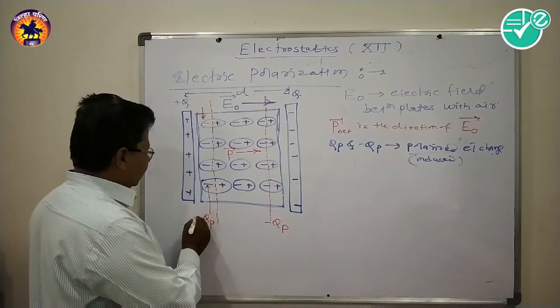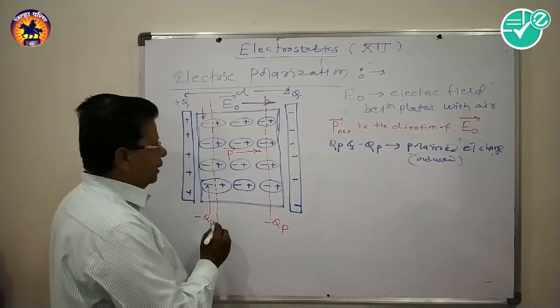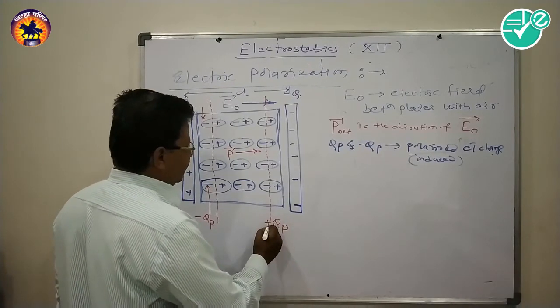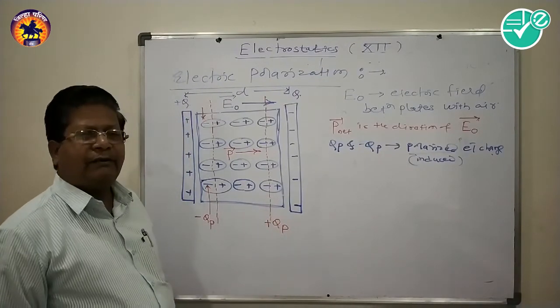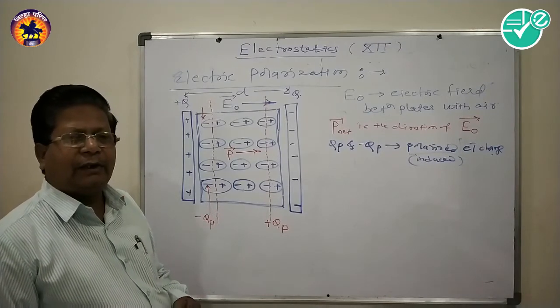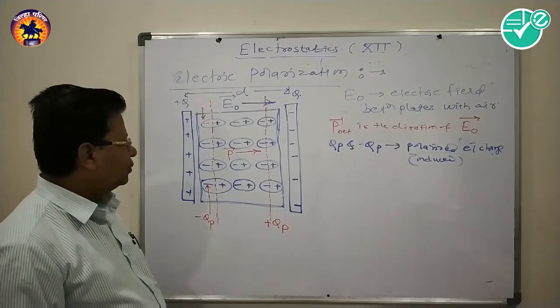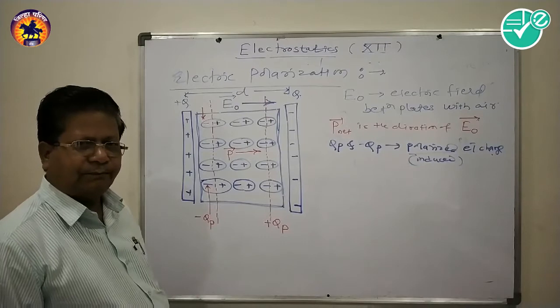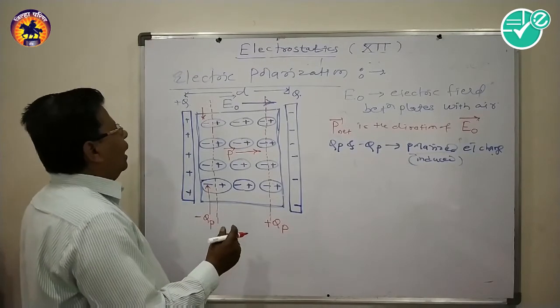So on the left side there are minus QP charges, and on the right side of dielectric there are plus QP charges.